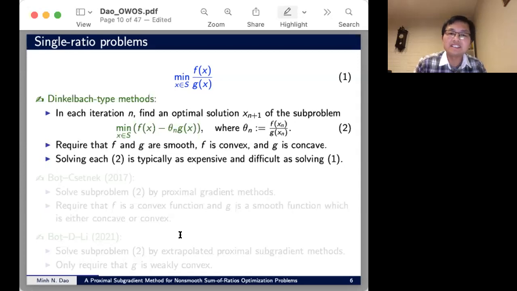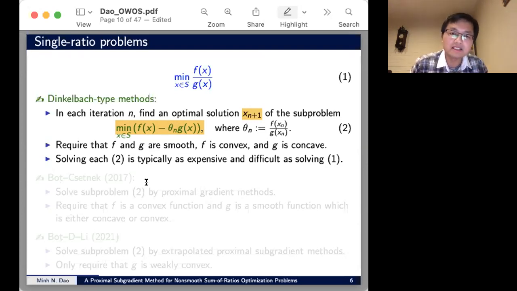In each iteration n, this approach finds an optimal solution x_{n+1} of these subproblems. Here we update theta_n by f of x_n over g of x_n, where x_n is the solution of the previous subproblem.